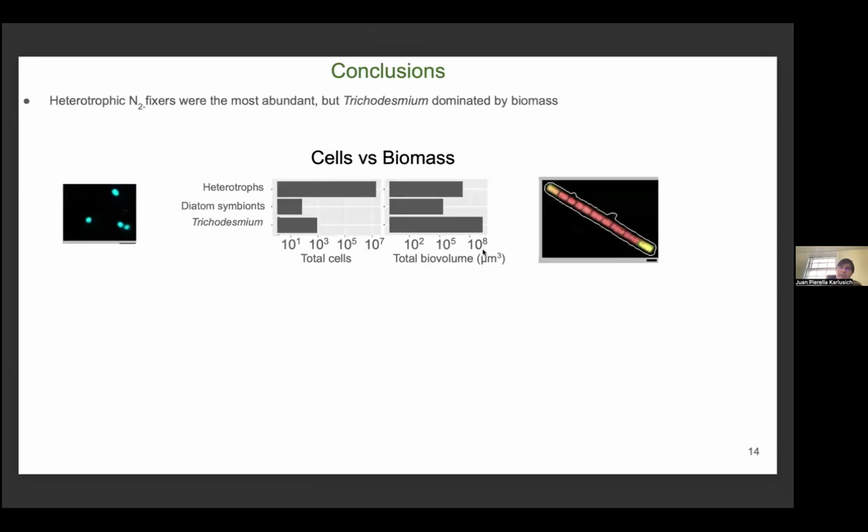So in this part of the work, I wanted to show an example of how the integration of omics and imaging technology allow us the study of a very important functional group, as they are nitrogen fixers. Some of the main conclusions were that the heterotrophic nitrogen fixers were the more abundant overall in terms of cell abundance, but Trichodesmium dominated by biomass.